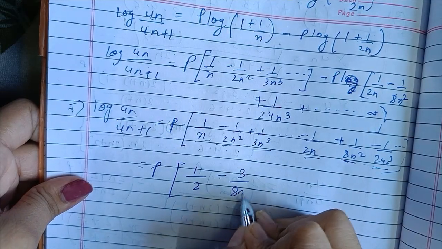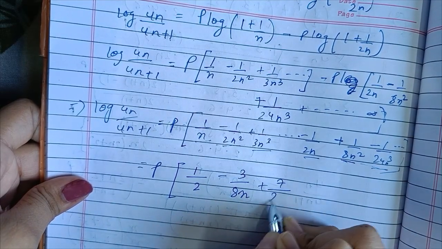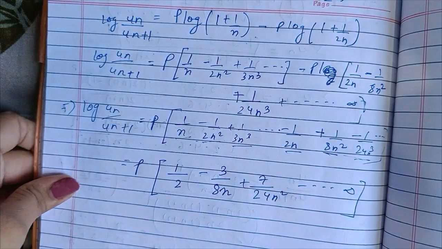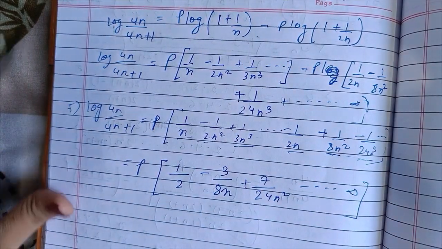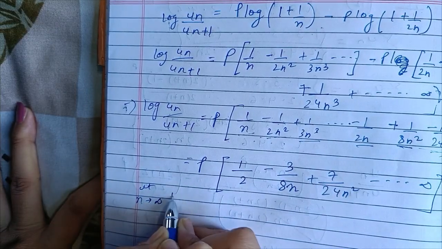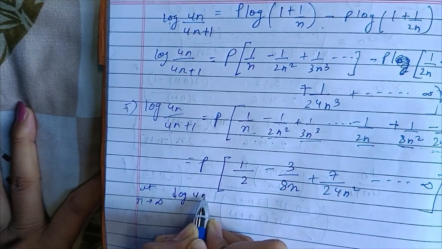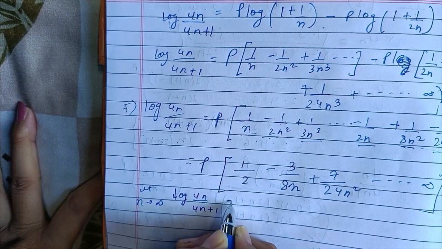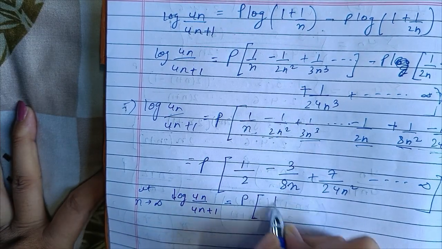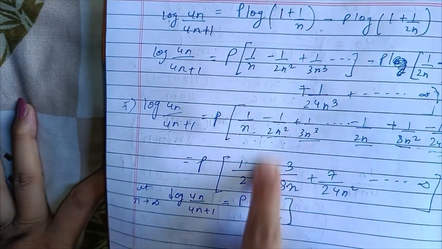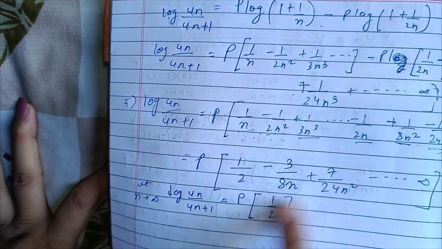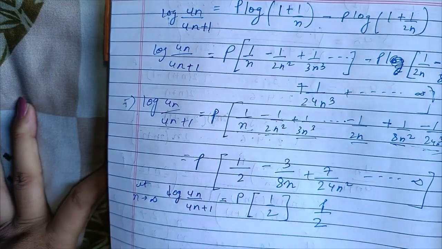So plus 7 upon 24n square and so on. See, you are getting the same result or not? Okay. Now put the limit n tends to infinity, log un upon un plus 1 is equal to p. I'm only getting 1 by 2 because this complete will get 0. Because if you put infinity over here, you will get the result 0. So I'm getting only p by 2.